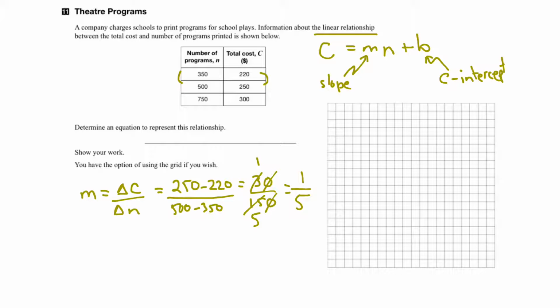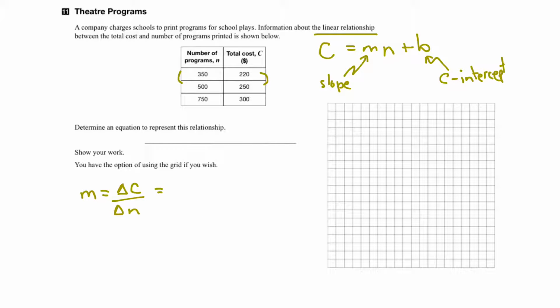Now, because this is a linear relationship, it doesn't matter which 2 points we pick. We could have picked these 2 points, or we could have picked these 2 points. The answer should always be the same. Let's confirm that. Let's take this away here and look at, say, these 2 points and see what we get. So to get from 250 to 300, that would be 300 minus 250, or $50.